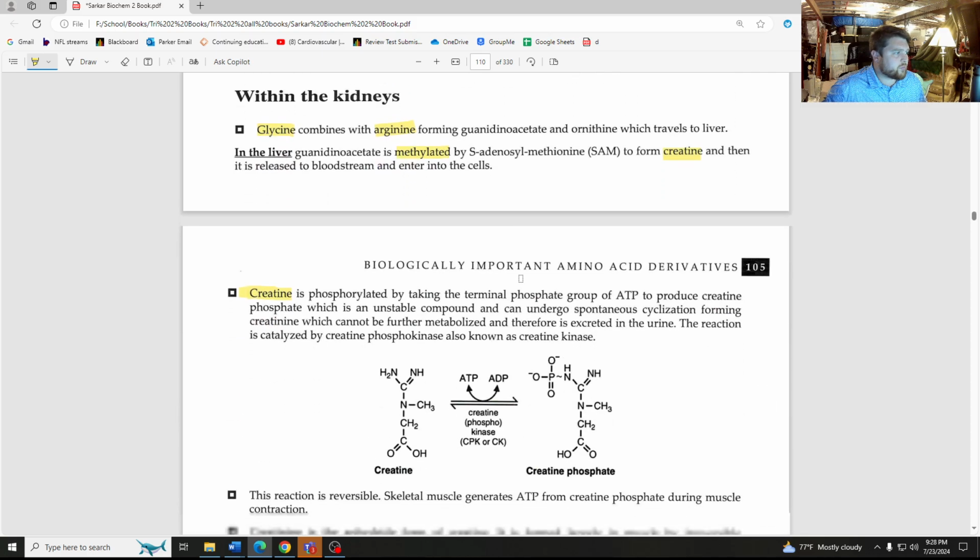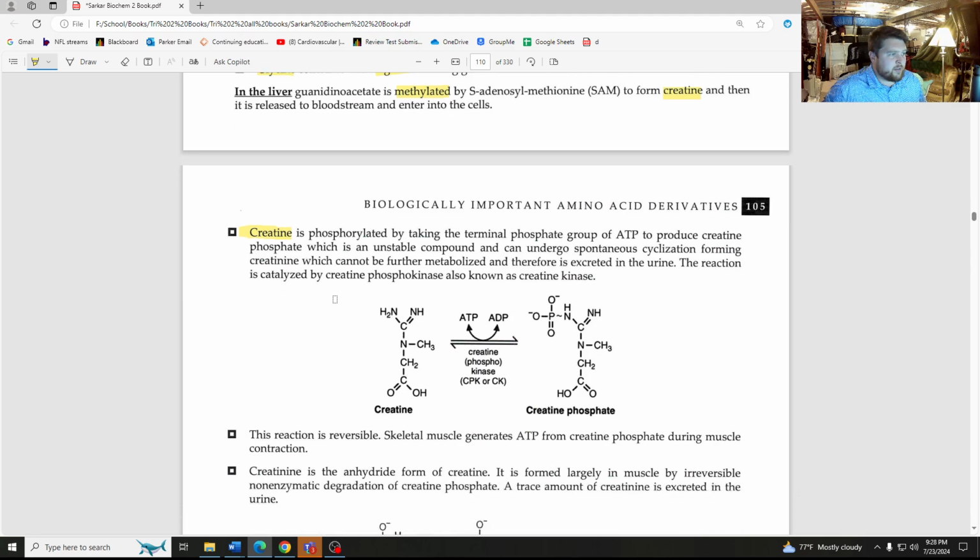Now, inside of the cells, we take the phosphate off of ATP to produce creatine phosphate, which can undergo spontaneous cyclization, forming creatinine, which cannot be further metabolized and therefore is excreted in the urine.